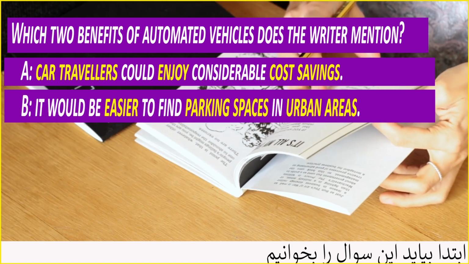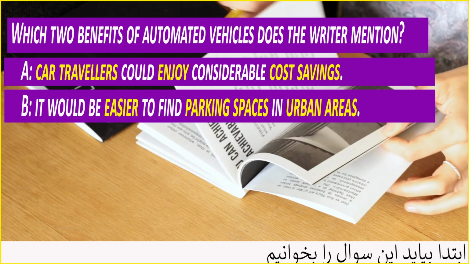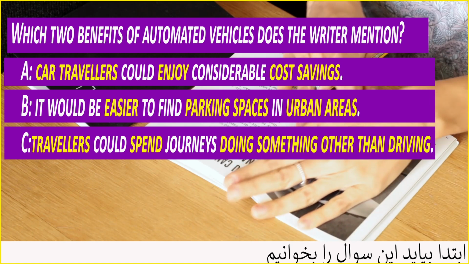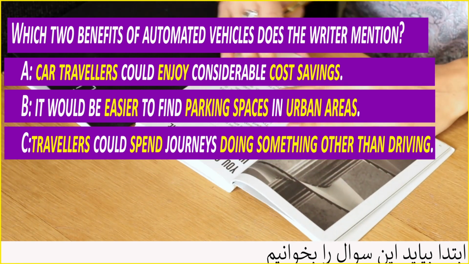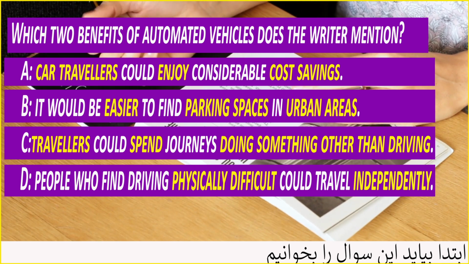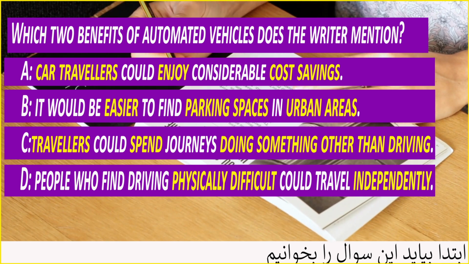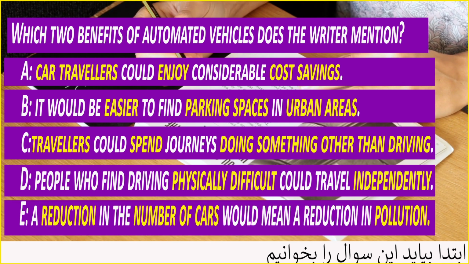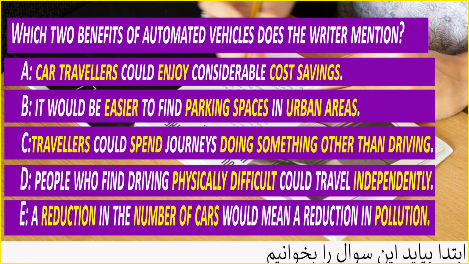B. It would be easier to find parking spaces in urban areas. C. Travelers could spend journeys doing something other than driving. D. People who find driving physically difficult could travel independently. And E. A reduction in the number of cars would mean a reduction in pollution.